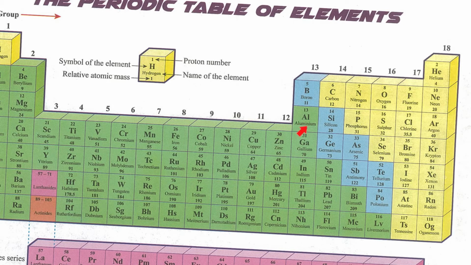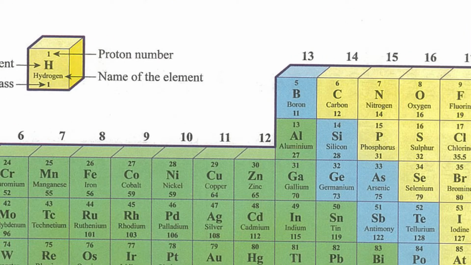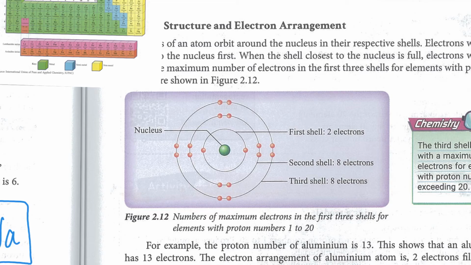You can find this at the end of your textbook. Okay, let us look at aluminium here, and you can see that the symbol is Al, and the top number is proton number. So we are going to use the top number here, 13 for aluminium. Proton number 13. We are going to use this one.